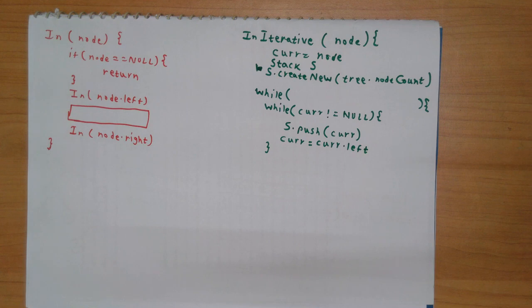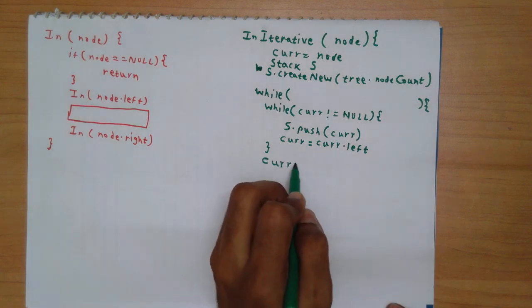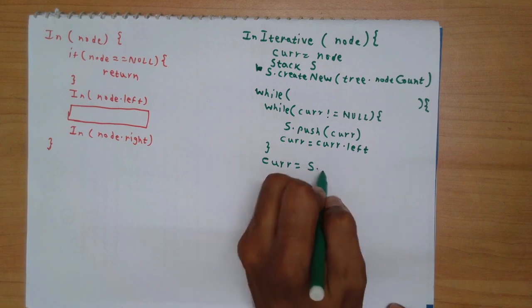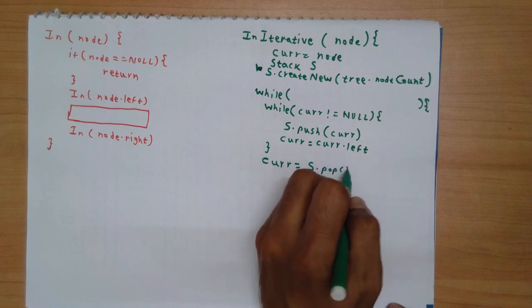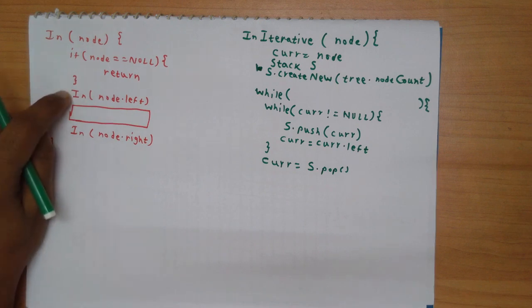So what we should do is pop a node from our stack. I would say that my current will be equal to s dot pop, and now I've got my node, and I know that I got this because I have explored the left subtree. So this part is done.